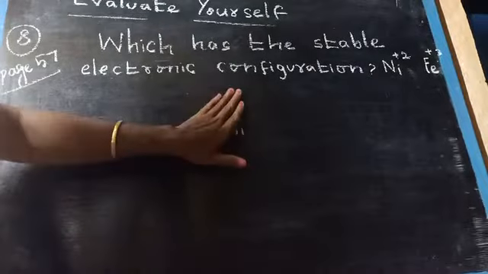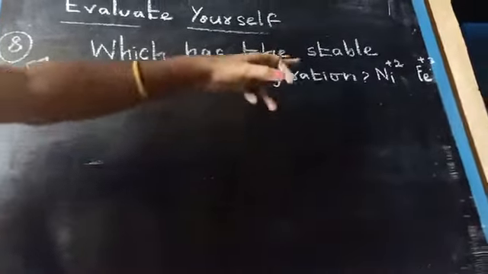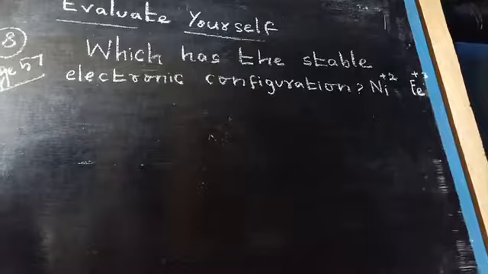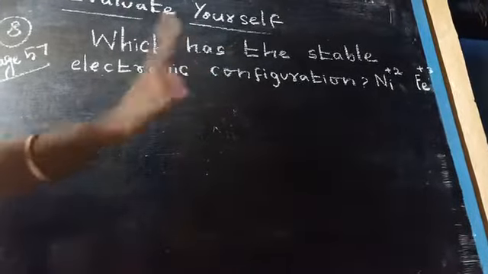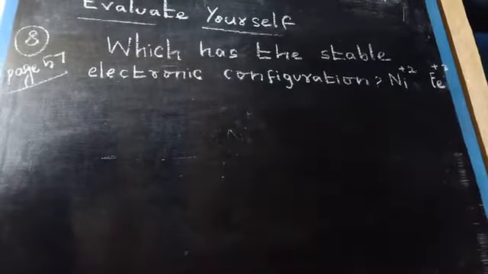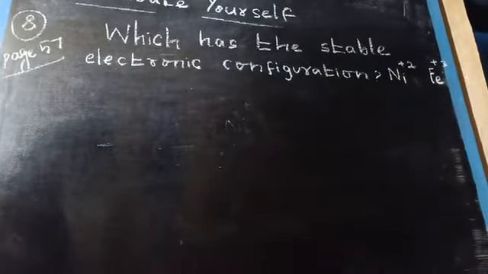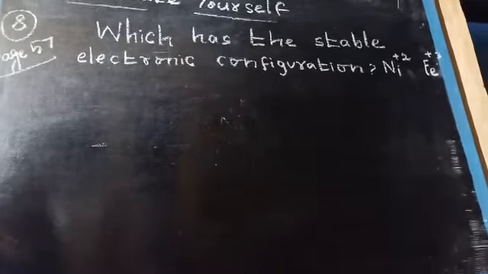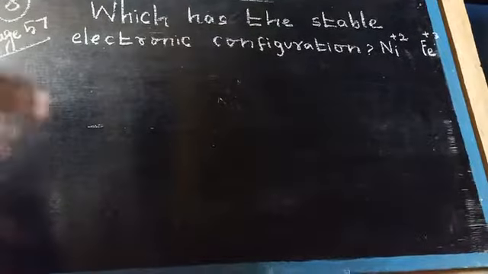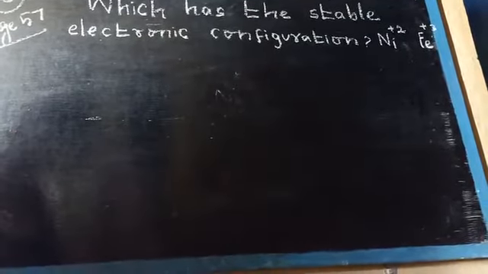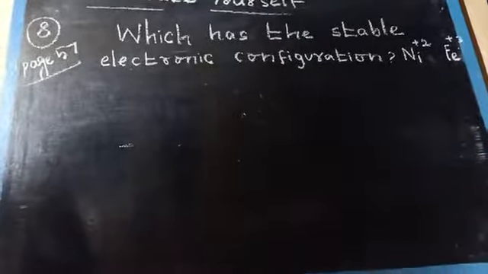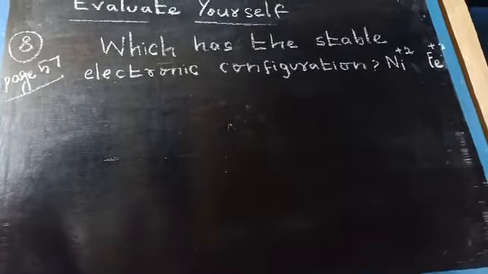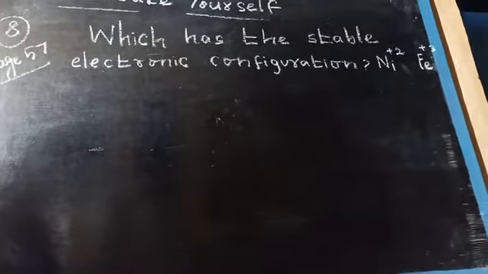Okay, children. So here two ions are given. One is nickel, Ni plus 2, and another one is Fe ion in plus 3 state. Which one has the stable ion? You know how to find out. The ways are very simple.